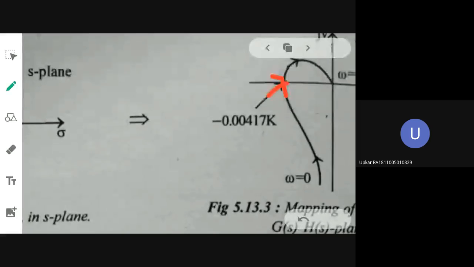Understood the first mapping? What are you doing first? How many segments are there as per the Nyquist contour? 4 segments. So what is the first segment?